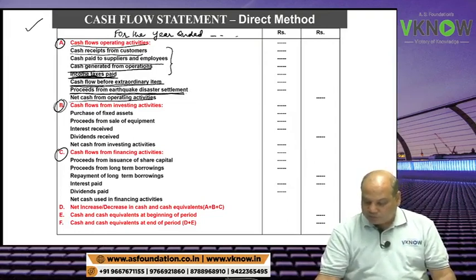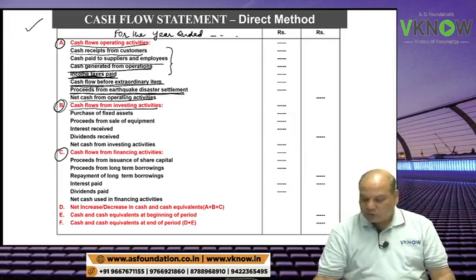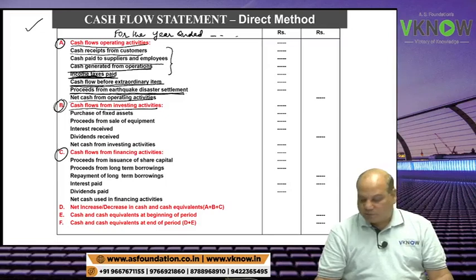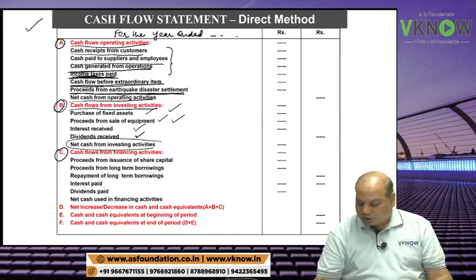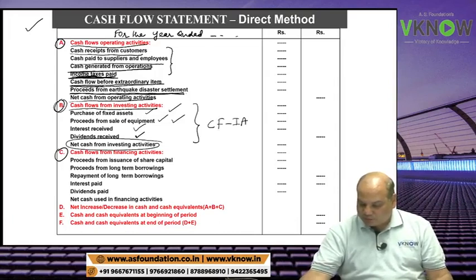Then point number B will be cash flow from investing activity. Here we will write items like purchase of fixed asset, sale of fixed asset, purchase of investment, sale of investment, interest received on investment, dividend received on investment, and then we'll take the total. This is called cash flow from investment activity.